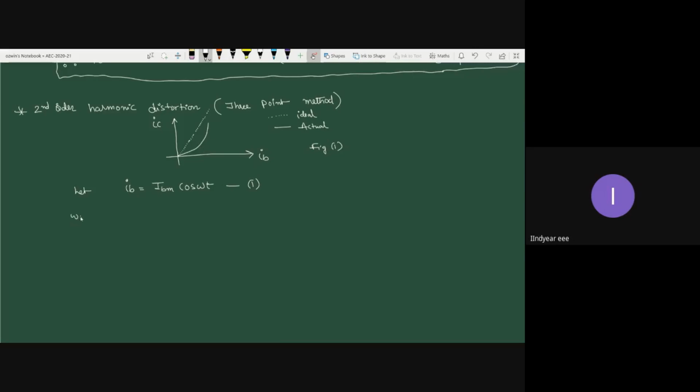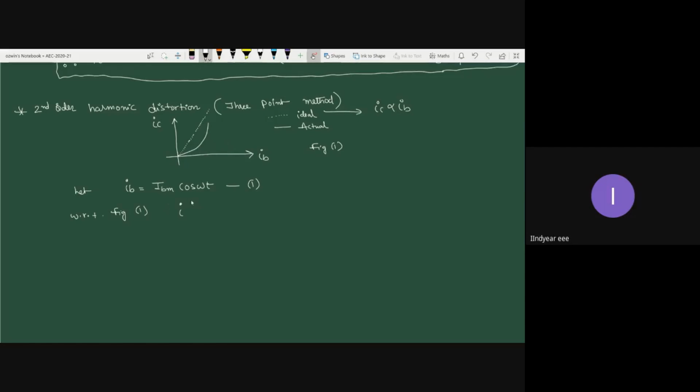Now, with respect to figure 1, you no longer say that IC is proportional to IB, because this is not a linear characteristic. This is a non-linear characteristic. The typical mathematical equation used to express the non-linearity of a transistor is something like this.